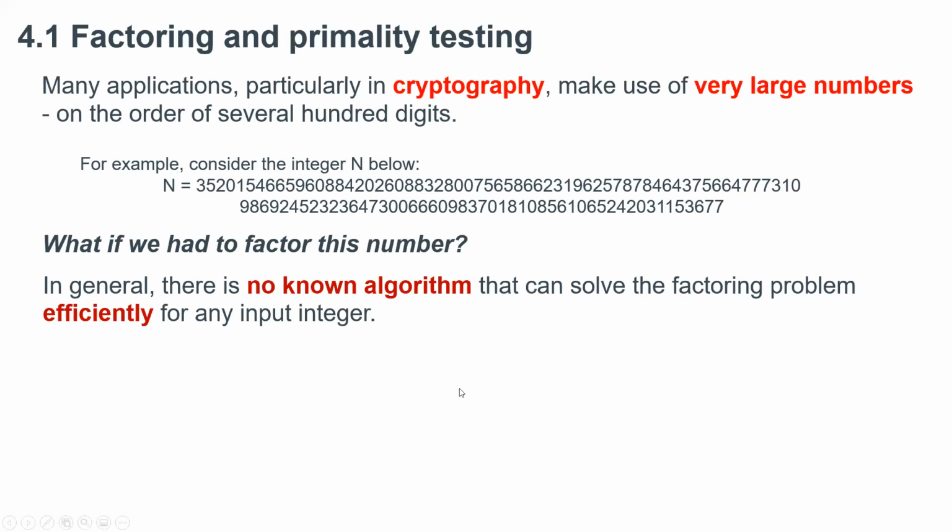So one of the things that they did in 4.1 was talk about this brute force algorithm, where you just basically start at 2. Is it divisible by 2? Is it divisible by 3? And keep going until you go as far as you need to in order to find at least one factor besides 1 and the number itself.